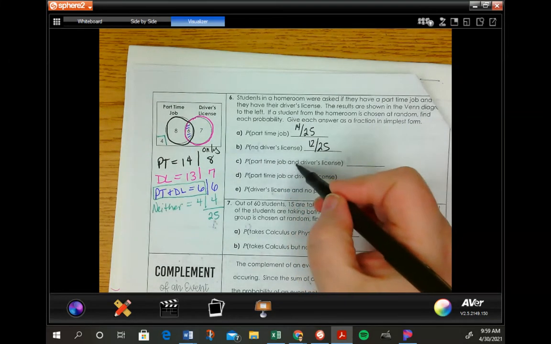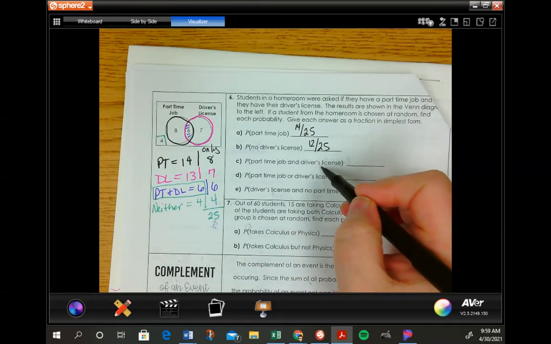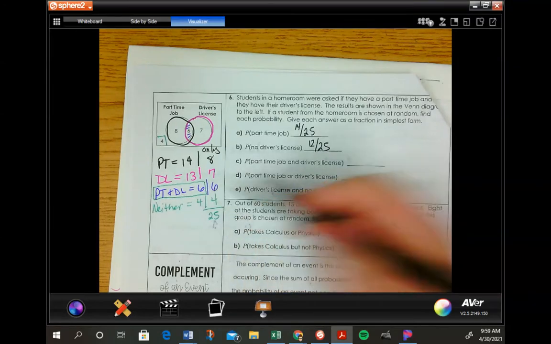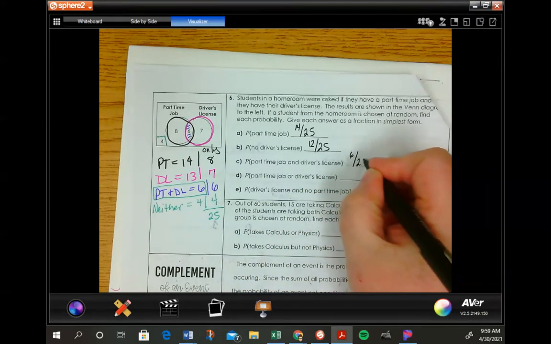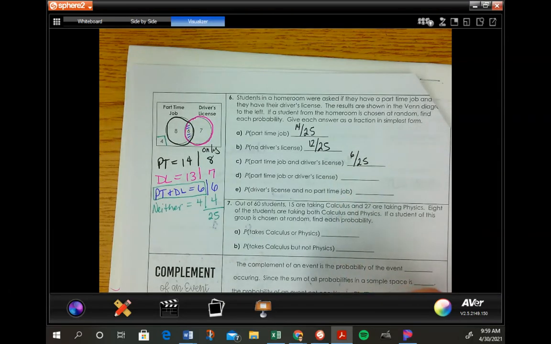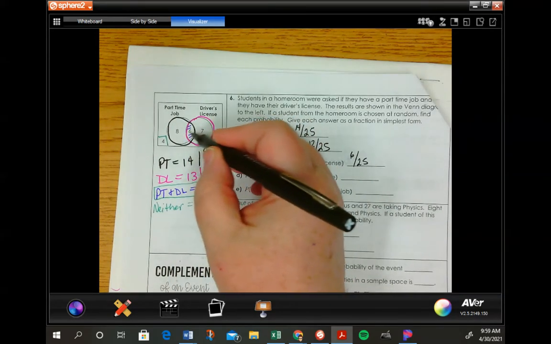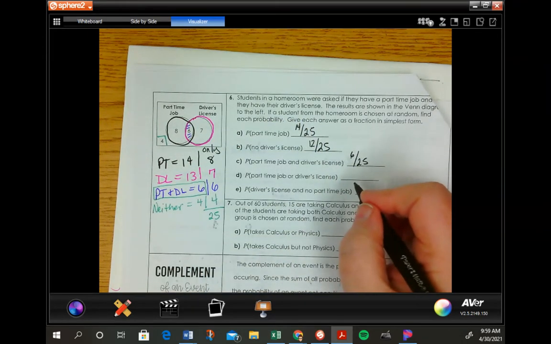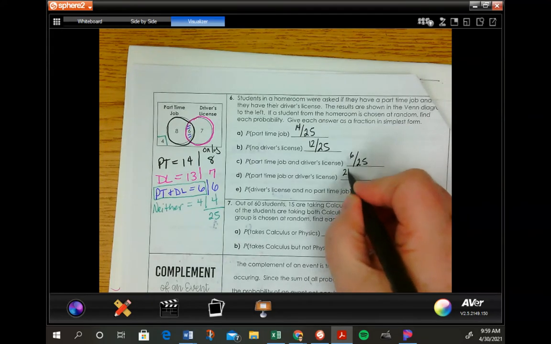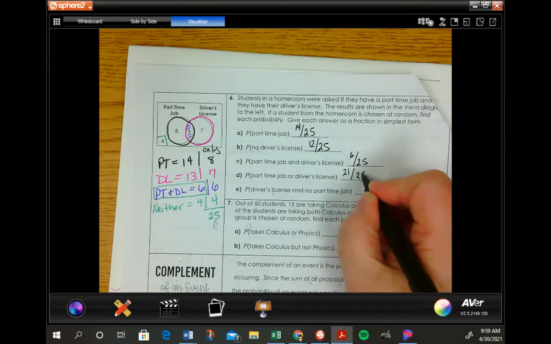Part-time job and a driver's license. That would be the purple here. That would be 6 out of 25. Part-time job or a driver's license. That would be all 3 of these added together. That would be 21 out of 25.